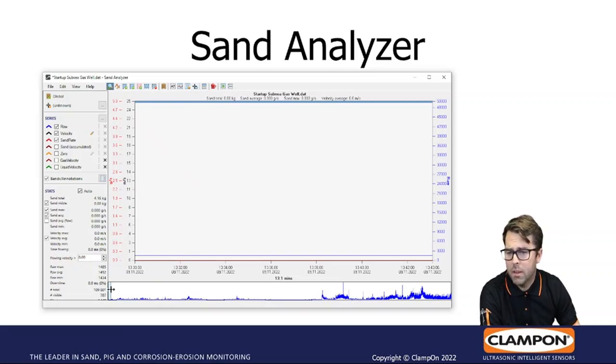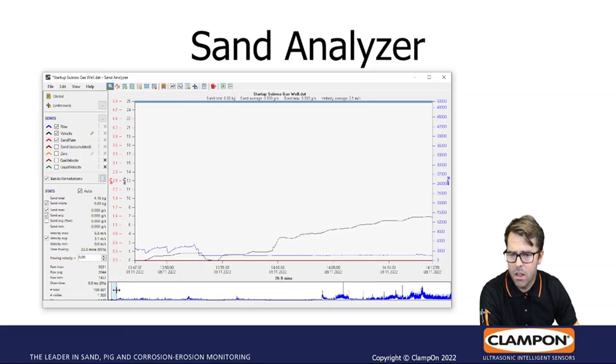And the data I'm going to show now is a typical startup. You see the black line coming up. That is the flow velocity. That's calculated based on the gas, oil, and water rate, pressure, and temperature, and we know the inner diameter of the flow line, so we calculate the velocity.